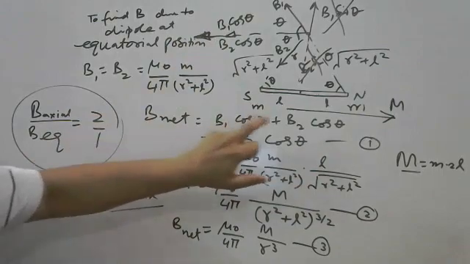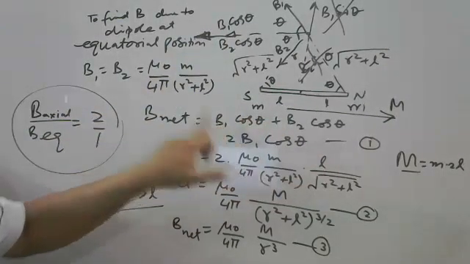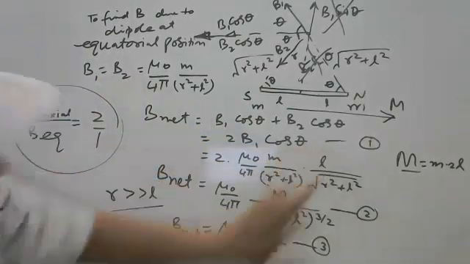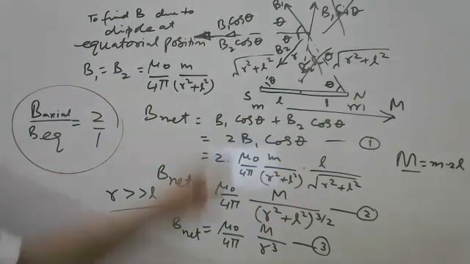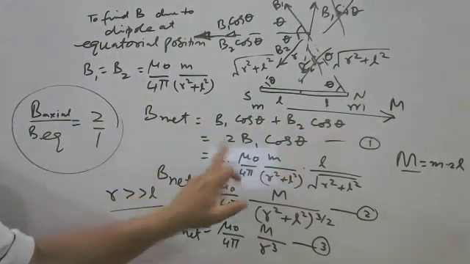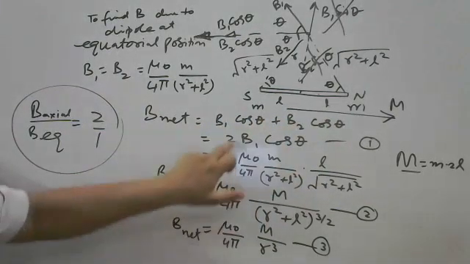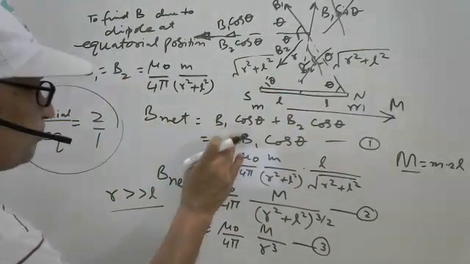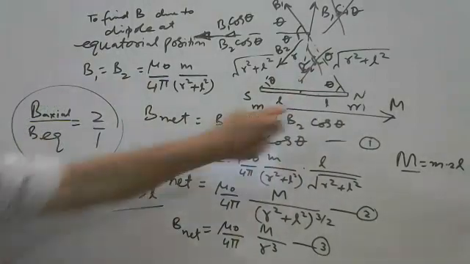So B1 cos theta plus B2 cos theta, and both are the same, so 2B1 cos theta. You can take cos theta common, B1 and B2 both are same, the double of B1. Putting the value of B1 from this and the value of cos theta as base upon hypotenuse.